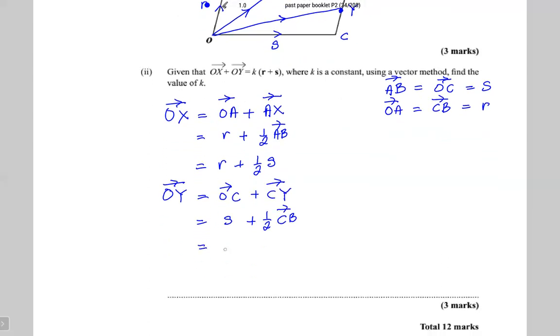So this would be equal to S plus 1/2 of R.